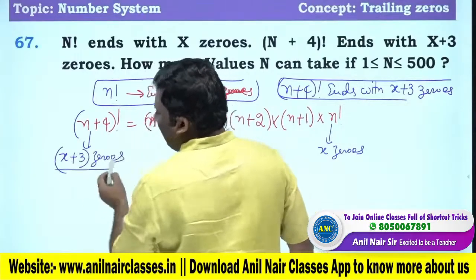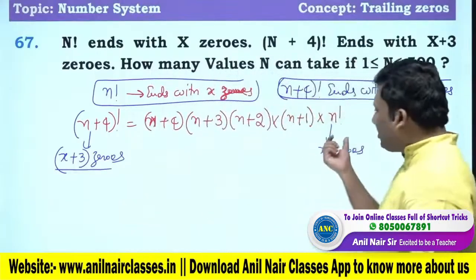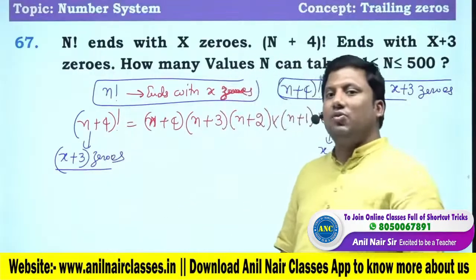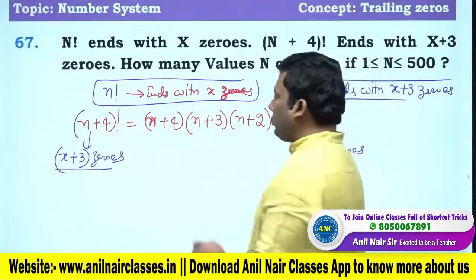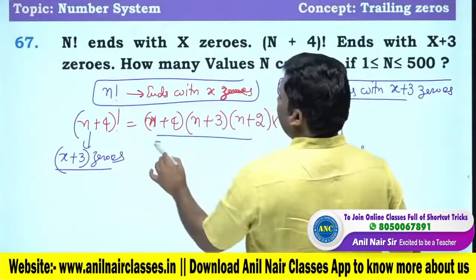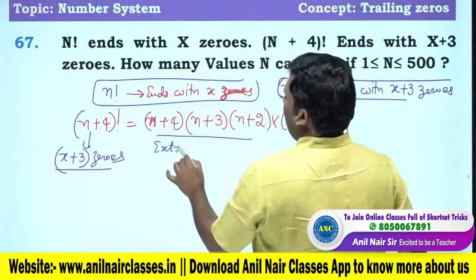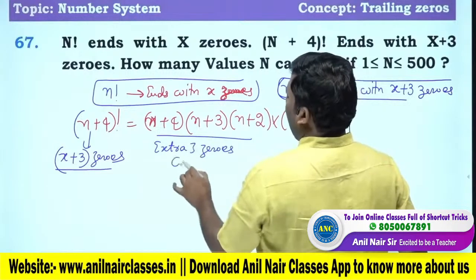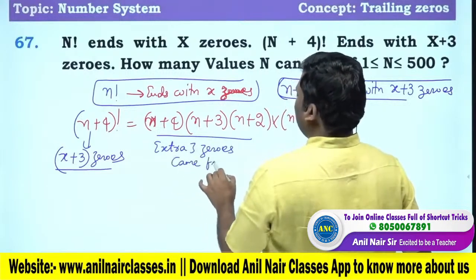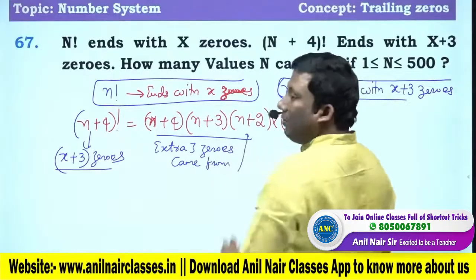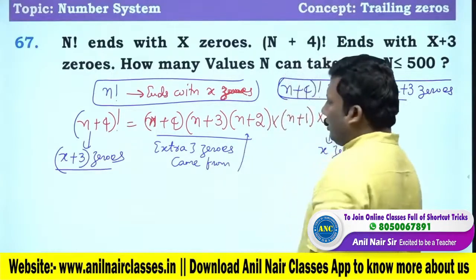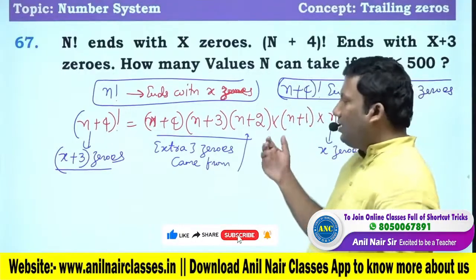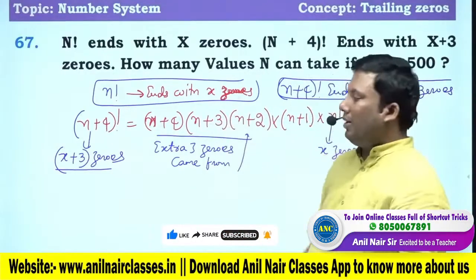Same question, we did it 15 minutes before. What is the conclusion? That means the extra 3 zeros came from above. Am I right? So the extra 3 zeros came from either n plus 1, n plus 2, n plus 3 or n plus 4.